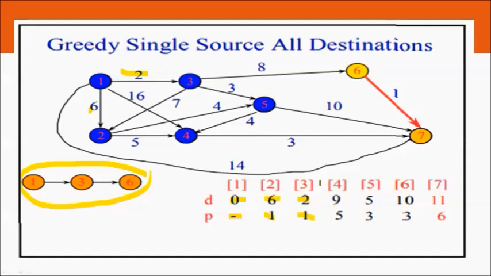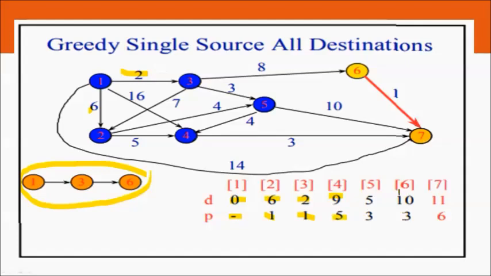So thus, this is our predecessor. Okay, next from vertex 1 to vertex 4, we have 9. So vertex 1 to 3 is 2, 3 to 5 is 3, and 5 to 4 is 4. That's why we have 9. And of course, the previous vertex here is vertex 5. This is our predecessor.